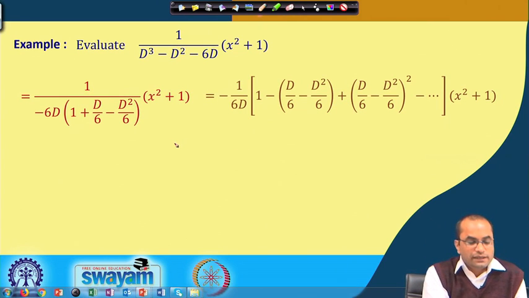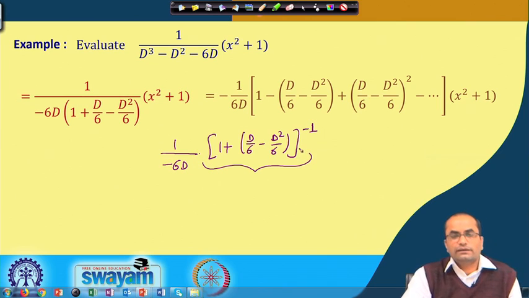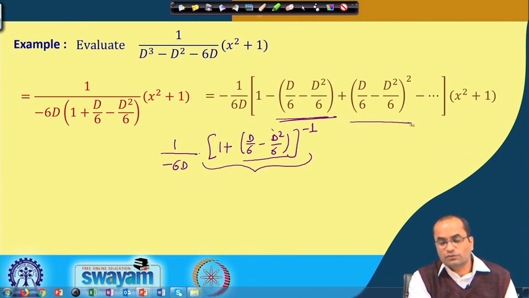In the numerator we have minus 1 over 6D remaining as it is, and then 1 plus D over 6 minus D square by 6 to the power minus 1, which we can expand again. So 1 minus D by 6 minus D square by 6, and plus the same, the square term.